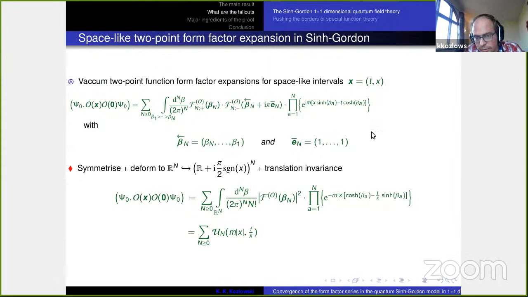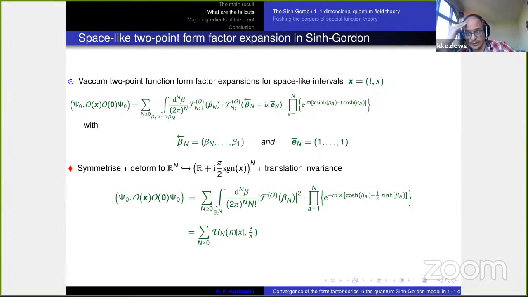And then you have this oscillatory exponent coming from the x dependence of the second operator. And then, because you have some translation invariance of your integration variables, such form factors are invariant under a shift of all the components of the vector at which they are evaluated by the same number.